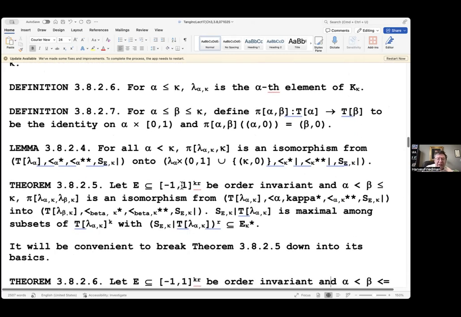Okay, now we need to prove that if you go from one, so think of these lambda alphas as so-called indiscernibles. These are like indiscernibles.